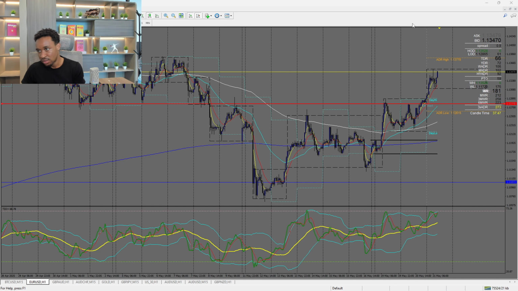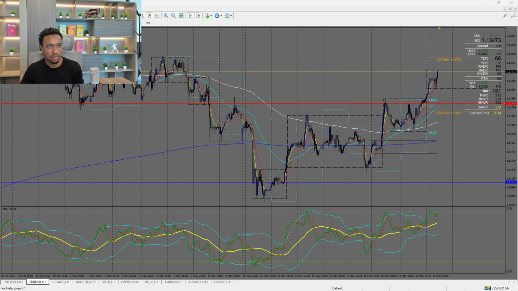So we should be looking at these signs. We should be looking at the ADR and all that, 3 times ADR. For this specific pair, the 3 times ADR is actually 273, but the week has just begun. We are looking at EUR USD.